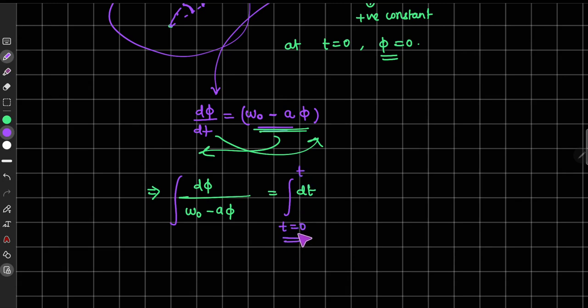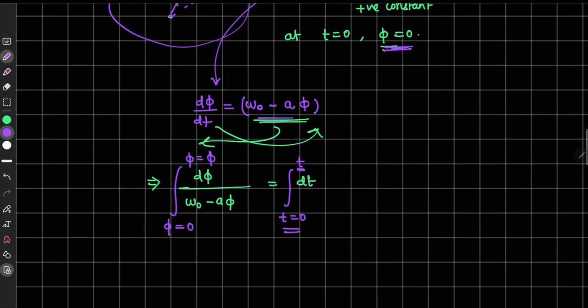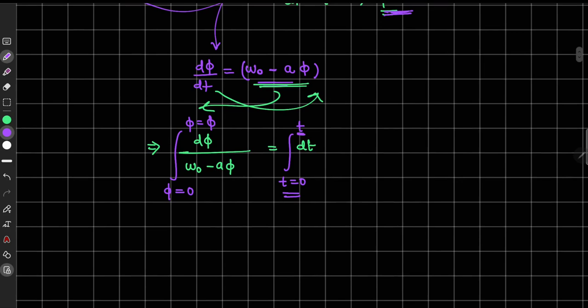At the time instant t is equal to 0, we have phi is equal to 0, as given in the problem, and at the time instant t we have phi is equal to phi. Now for the integral on the left side, let us say we have the function dx divided by a plus bx. The integration of this function is 1 upon b times ln of mod a plus bx.